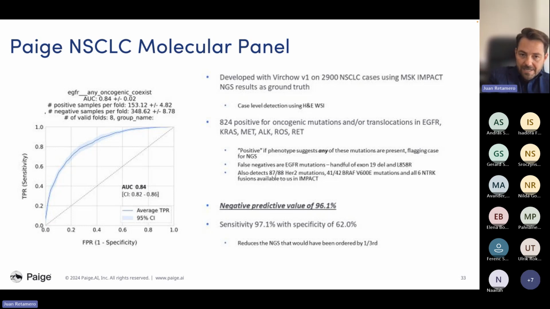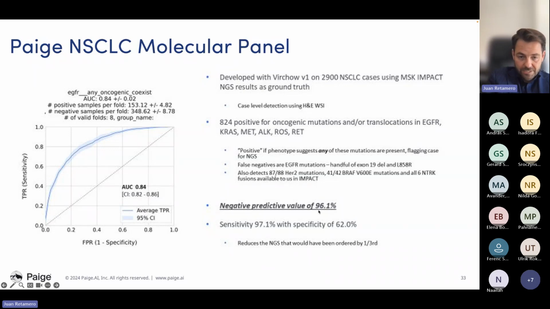If it's likely to be negative, the rationale, obviously, if the validation test and the prospective studies confirm the initial evidence, would be that in theory, these patients have a very, very low chance of presenting any of these mutations. And we know that because the negative predictive value of this test, based on the validation test that we've done, is 96%.